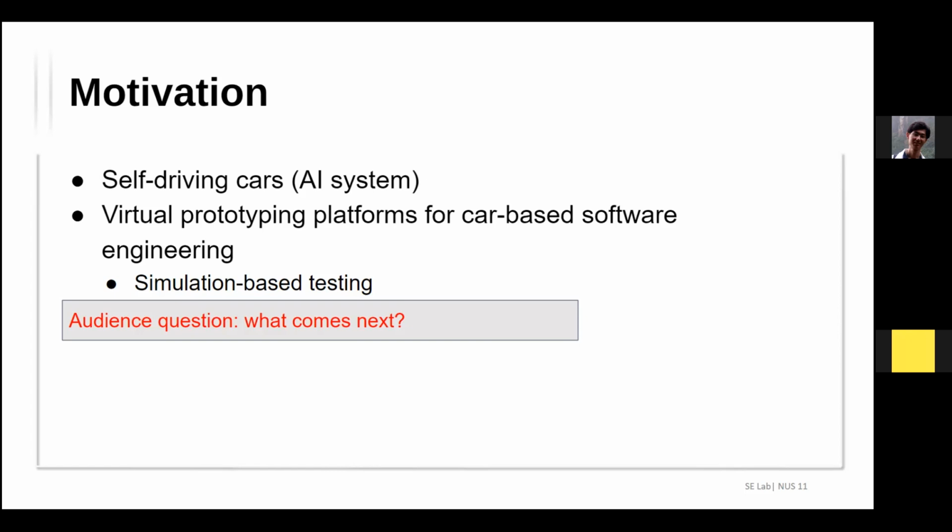Anyone would like to have a try in this autonomous driving scenario? Then Darren, you can point a component here. Yeah, sure. Maybe Eugene would like to try answering.